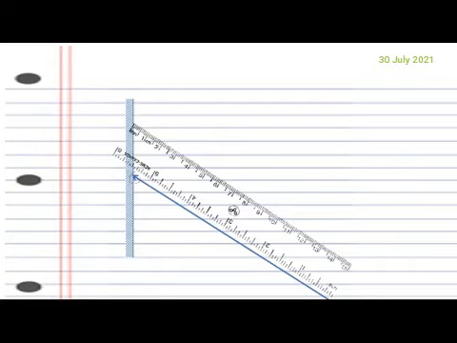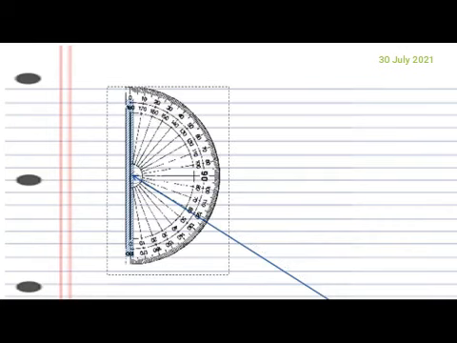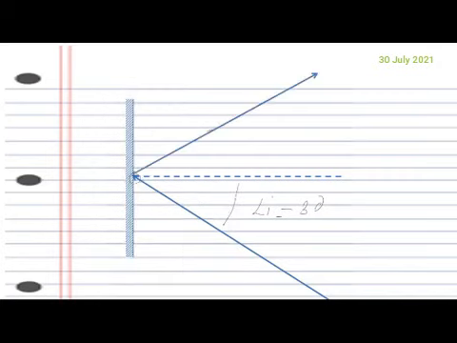Why this arrow mark? Because it indicates a light ray, and then keep a protector here and find out what the normal is, right? And then go for the angle of incidence, angle i, 10, 20, 30 degree, and mark on the other side 10, 20 and 30 degree this side, and draw the reflected ray. Okay.